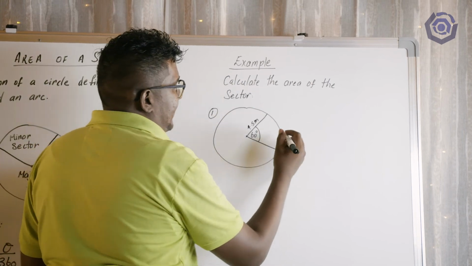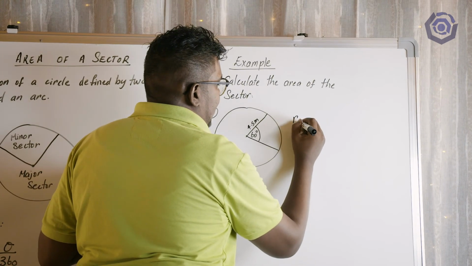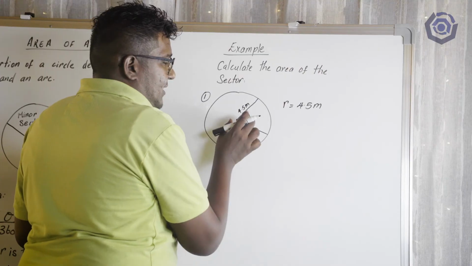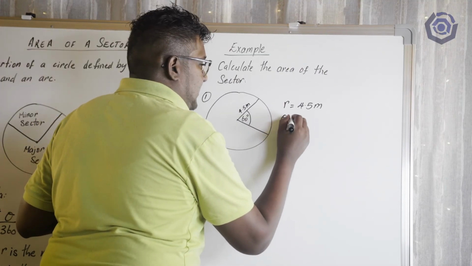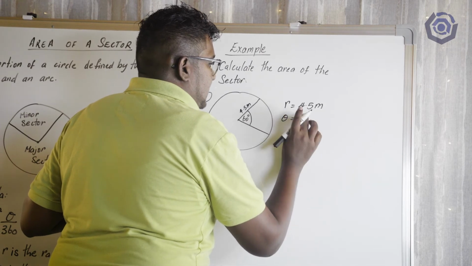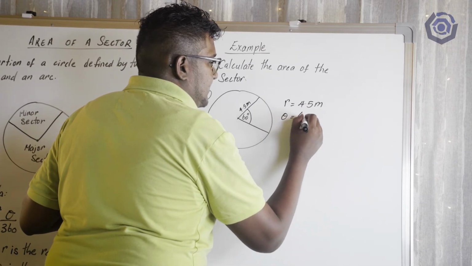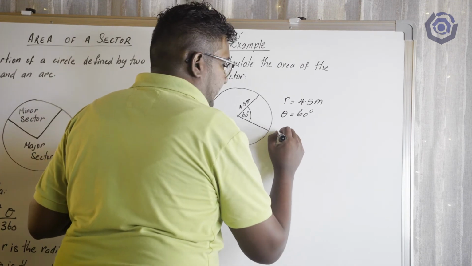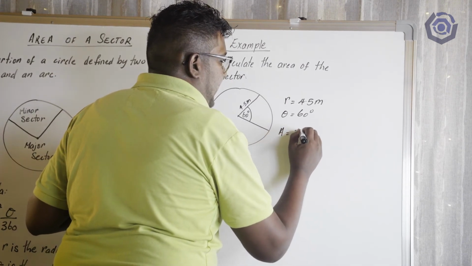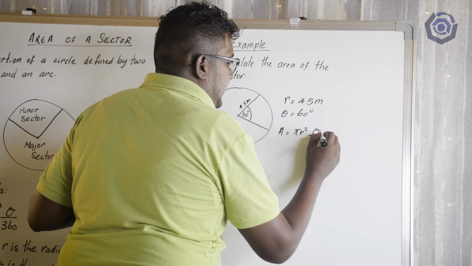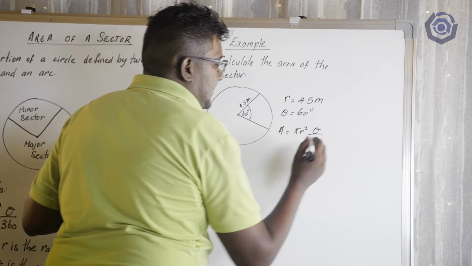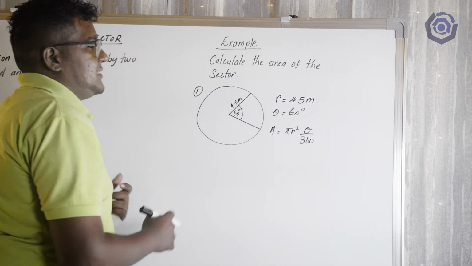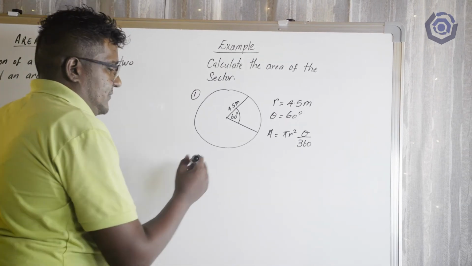So 4.5 is r, so that's our radius. The angle given is theta, so theta is equal to 60 degrees. And our formula is A is equal to pi r squared theta over 360. Now let's substitute our values into this formula and find the area of this sector.